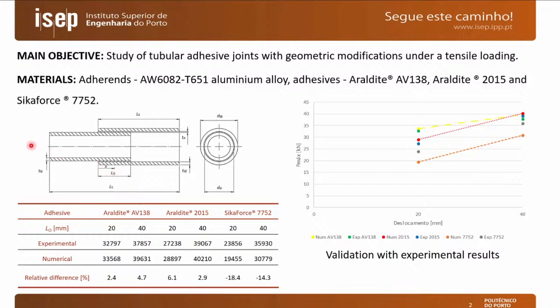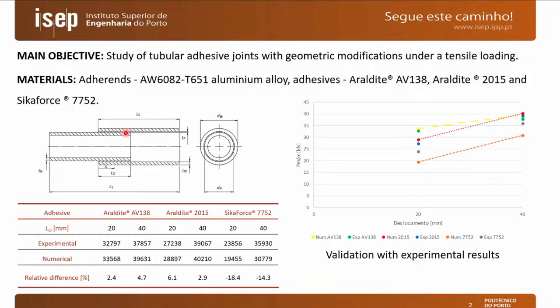All of the other parameters were left constant. And this type of tubular joint is an overlap joint. So we have one of the tubes that enters the other one, and then we have an overlap region bonded with adhesive. So this is the bonded part with adhesive.